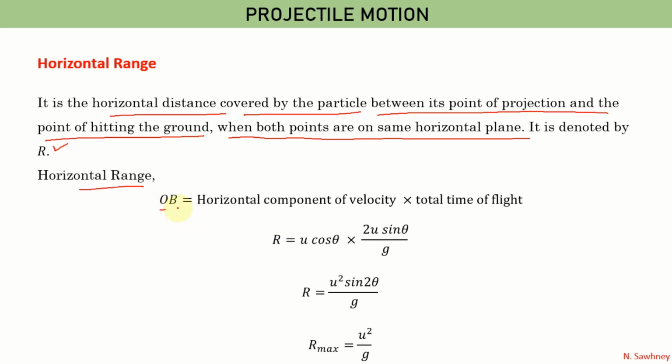In the figure, it is represented by OB, which is equal to the horizontal component of the velocity multiplied by the total time of flight, which we have just calculated as 2u sin theta by g. And the horizontal component of velocity is u cos theta. Multiplying it, we will obtain u square sin 2 theta by g. In order to obtain the maximum range, we get u square by g by putting sin 2 theta equal to 1, which is the maximum value.